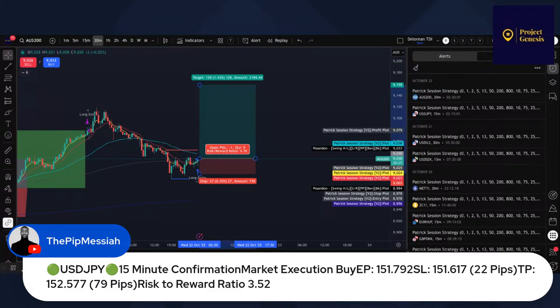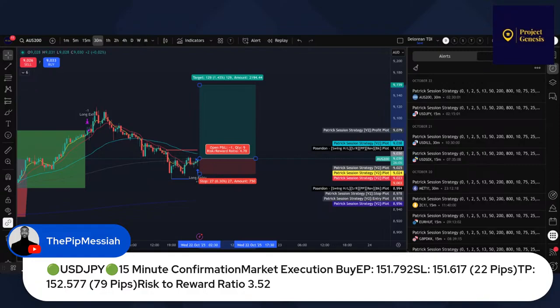Just going to be a 4.78 risk to reward ratio. Entry price is at 90.30. Stop loss is at 9,003, 27 pips.